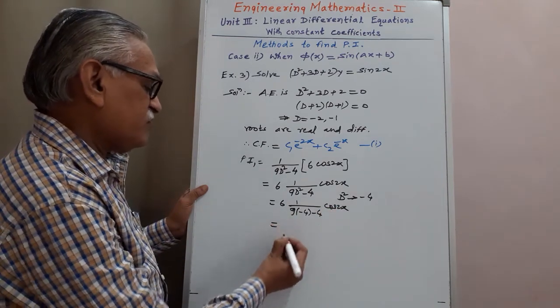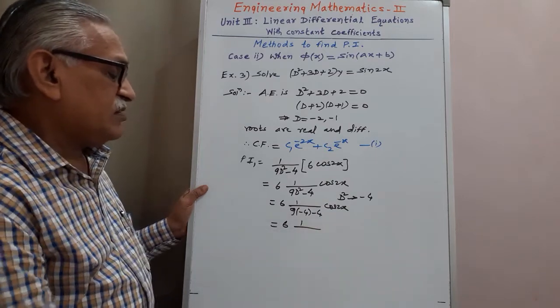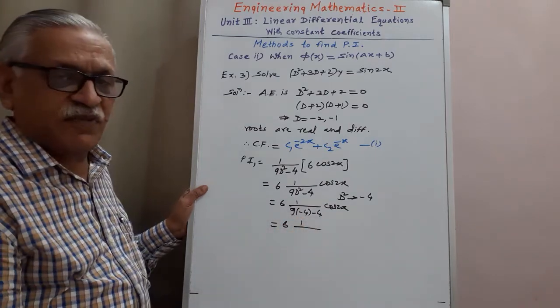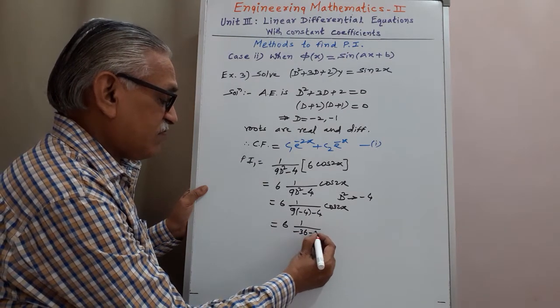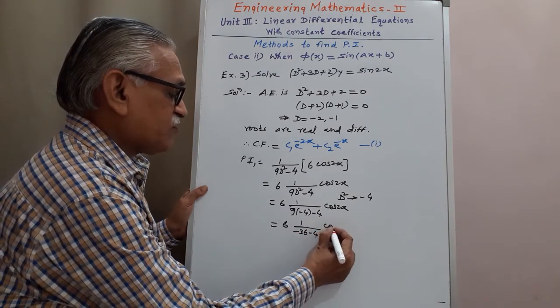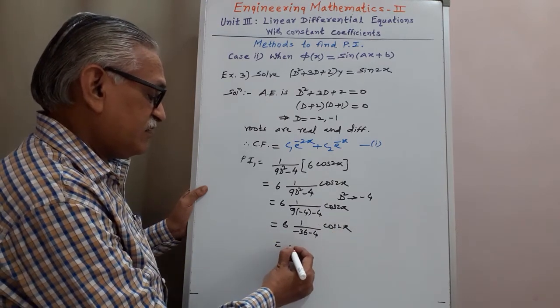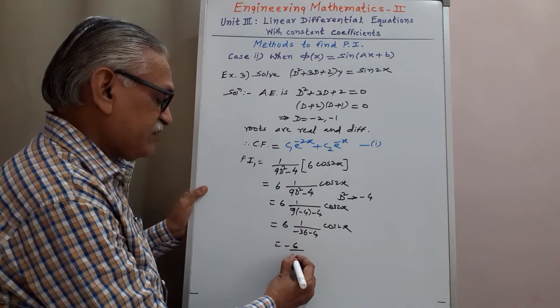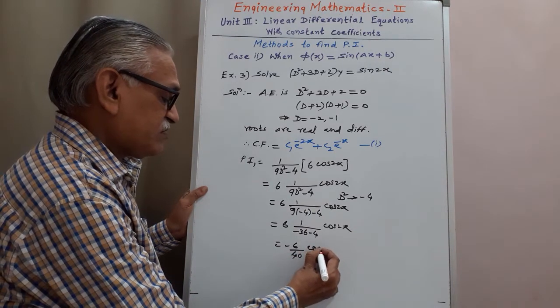It is equal to 6 times 1 upon 9 times 4 is 36, minus 36 minus 4, into cos of 2x, and therefore we get minus 6 by 40 into cos of 2x.